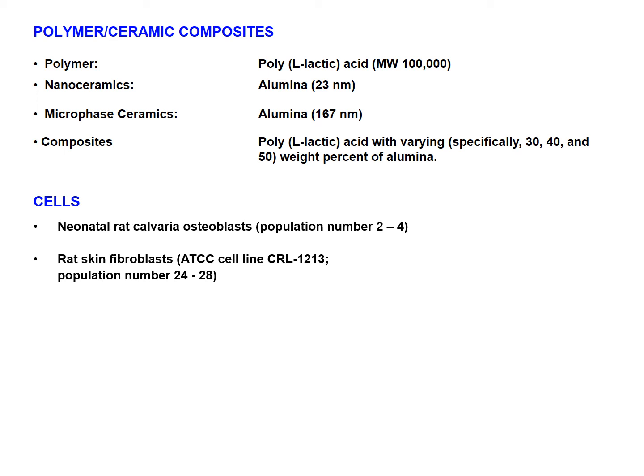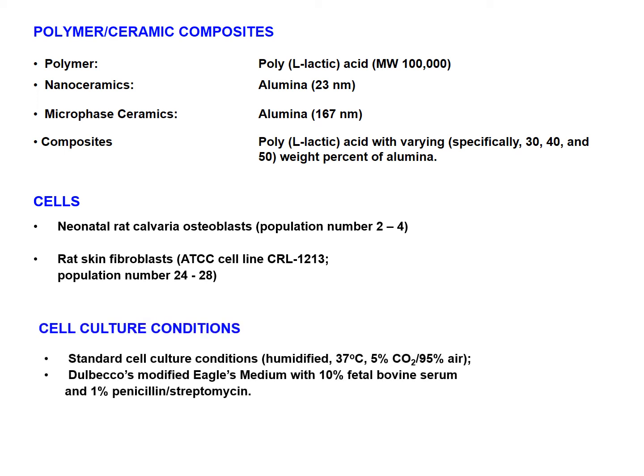For the ceramic composite, we use a nanoceramic, specifically alumina, with grain sizes of 93 nanometers, and we use the microphase or conventional ceramic alumina with grain sizes 167 nanometers. The composites were made by mixing polylactic acid with various weight percentages of alumina, 30, 40, and 50% by weight.